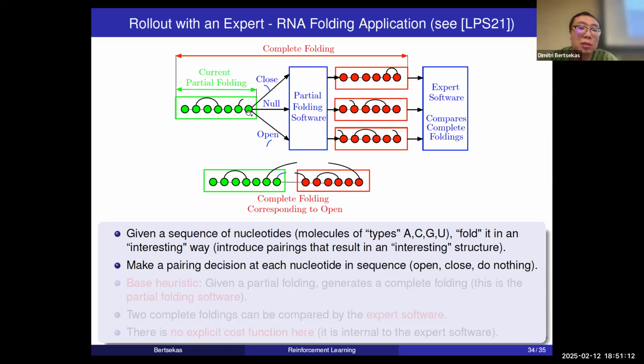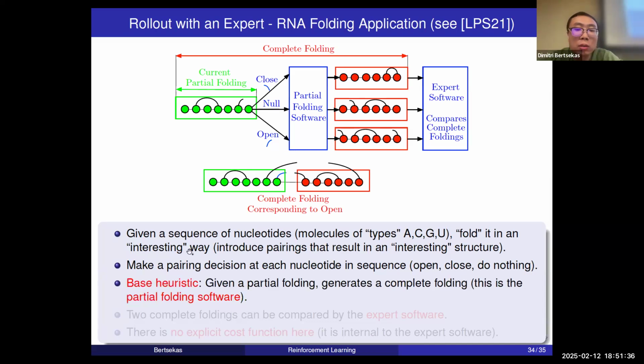And at this point, for this molecule, we have 3 controls. One is close, so it's going to match with this one. The other is null, which means this one will not be matched with any molecule. And the other is open, which means this one is going to match with some subsequent molecule as well.